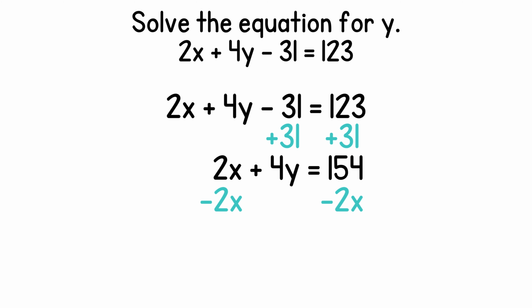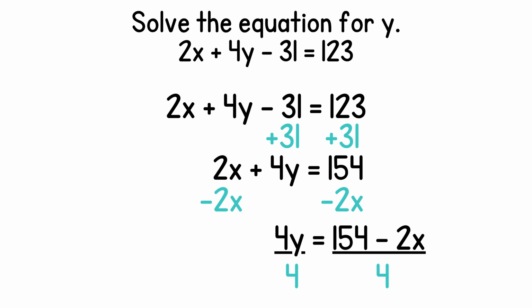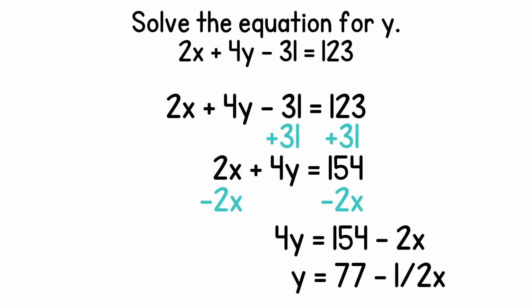Now we'll subtract the x term by subtracting 2x on both sides. This gives us 4y equals 154 minus 2x. Our last step is to divide both sides by 4. This gives us a final answer of y equals 77 minus 1/2 x.